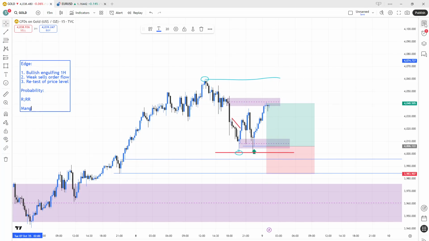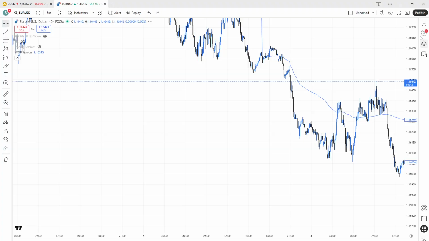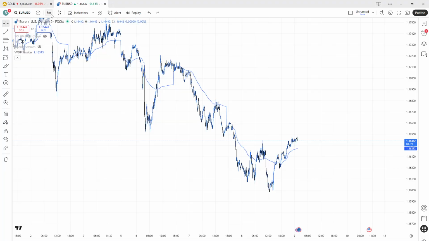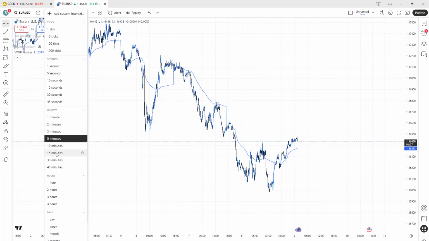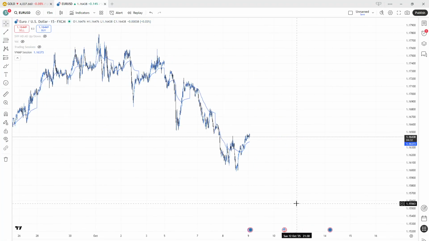Another thing is, yes, I was looking at this same trade on EU, so let me show it to you guys also. This is EU. I was just trading with my friend the other day. Again, EU is just bearish.